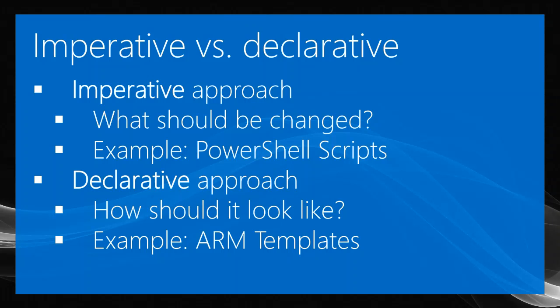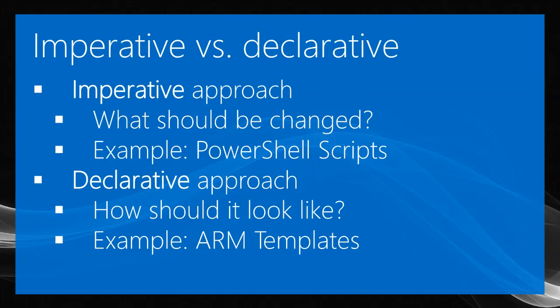And this is what ARM templates are focused on, using a declarative approach where you describe your service and the components of your service, but how it's done at the end is not your business, because Azure will take care of deploying and configuring everything the way that is needed to make your described service appear in the Azure platform. So imperative versus declarative.